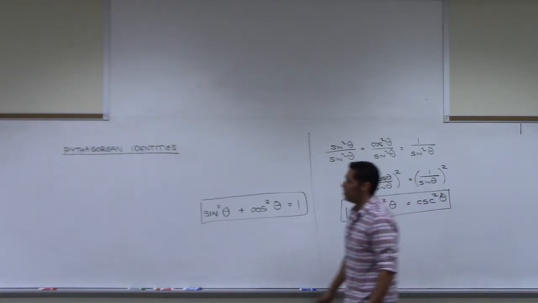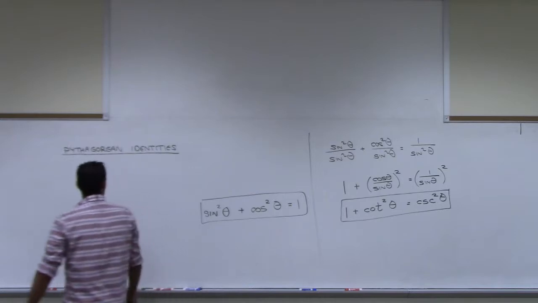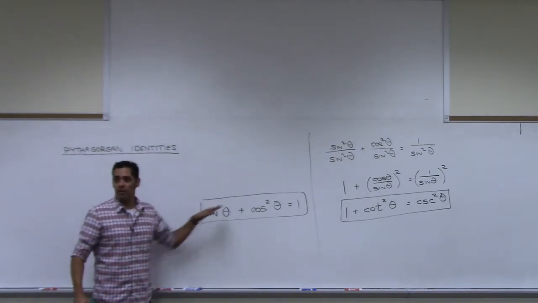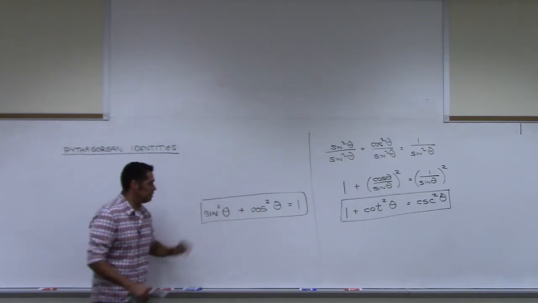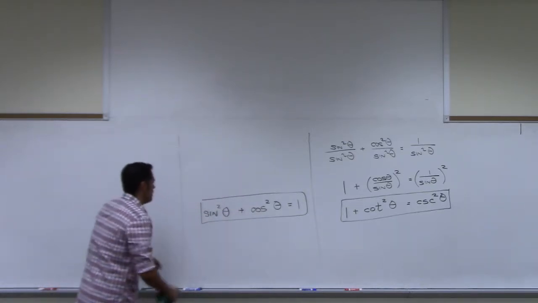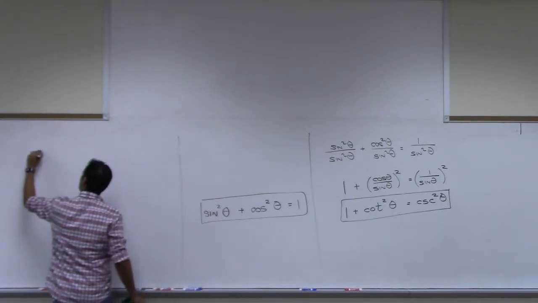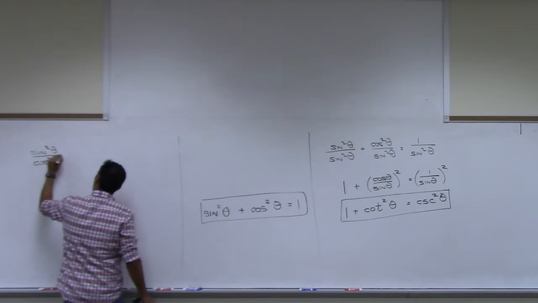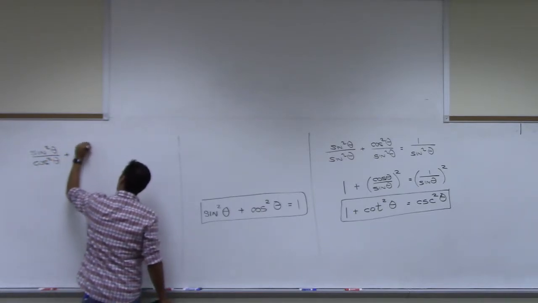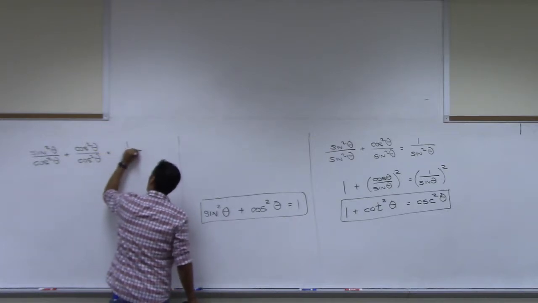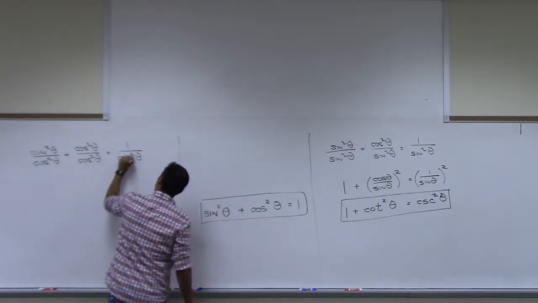And the last Pythagorean identity, how do you think I get the last one? Divide this by cosine squared theta. So start back here again, and let's try it. I'll do that over here. So take this, we're going to go sine squared theta over cosine squared theta plus cosine squared theta over cosine squared theta equals 1 over cosine squared theta.